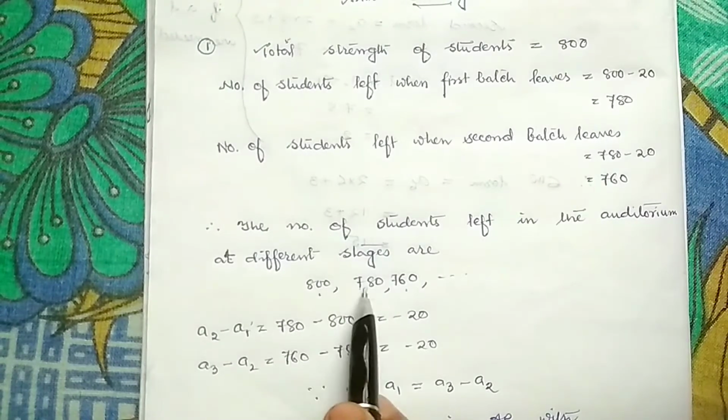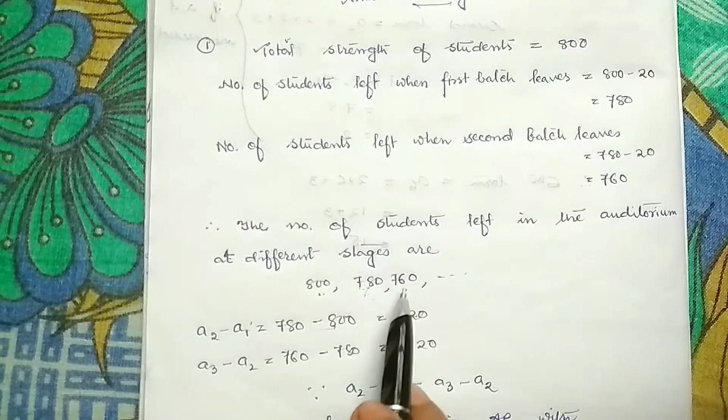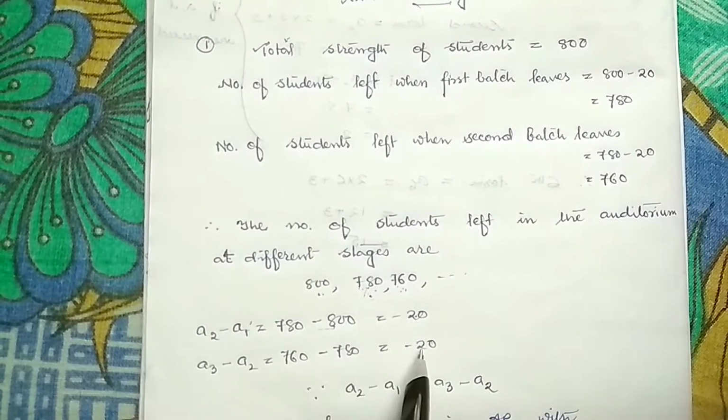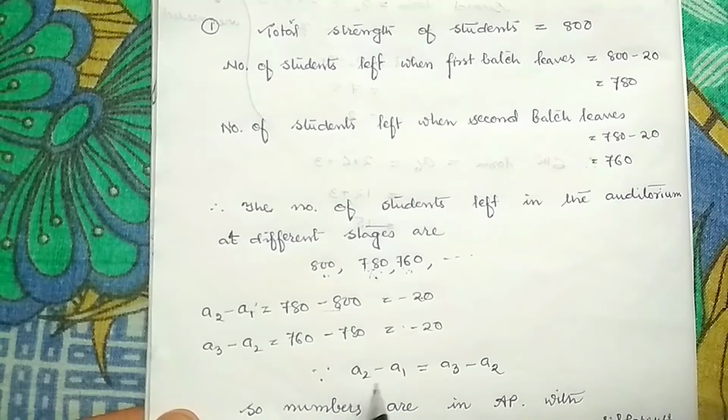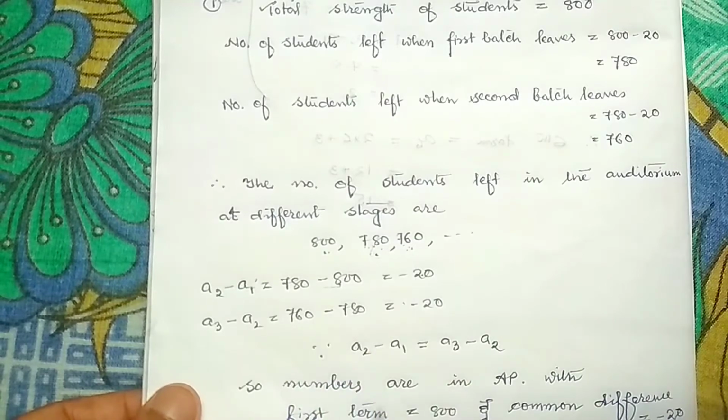A2 minus A1, 780 minus 800, you got minus 20. Again you check this minus this, that is A3 minus A2, 760 minus 780, you got minus 20. In both the cases you got the same number, that means A2 minus A1 equal to A3 minus A2. Therefore these numbers are in AP.